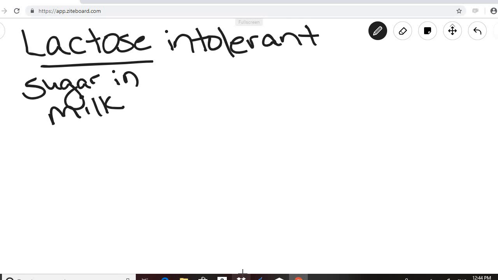Lactose intolerance is a trait that is not carried on a sex chromosome.